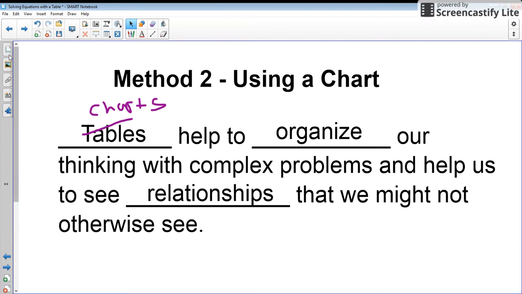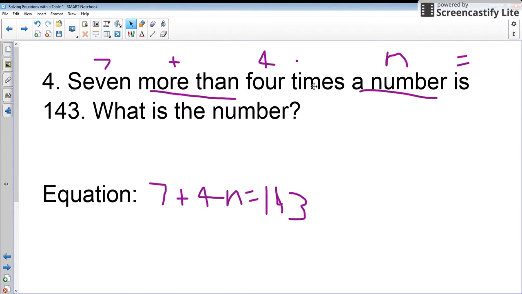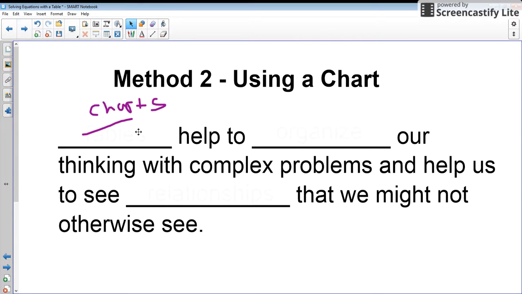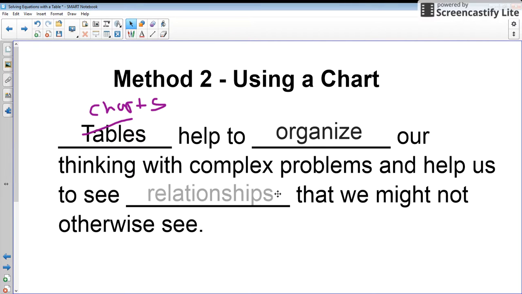In these earlier problems, like seven more than four times the number, the relationship was very obvious there. Now we're going to get to problems that are not so obvious, and as a result, a table is going to help us organize that information and get us to the place where we can write an equation. These are going to come up multiple times this year, so don't kiss them goodbye after today, unfortunately.